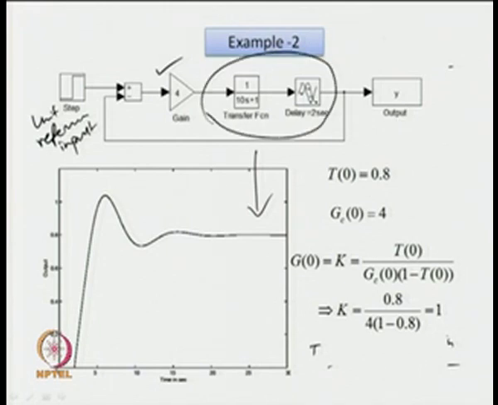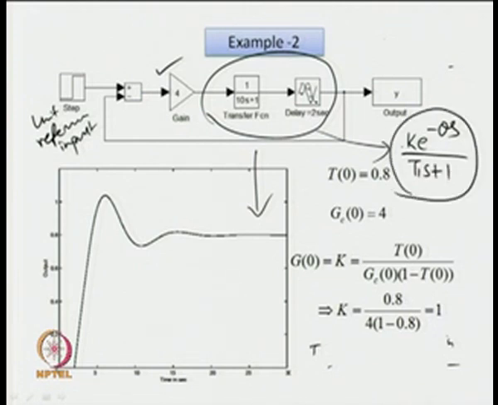Let us assume some specified transfer function form. Let the model of this process dynamics be represented by k e to the power minus theta s upon (T1 s plus 1). So, k has been already estimated. Now, the remaining two parameters theta and T1 can be estimated from the information from the sustained oscillatory output of the closed loop system.